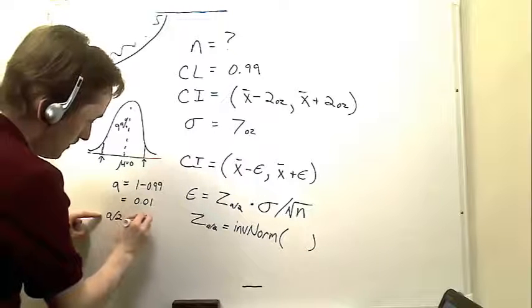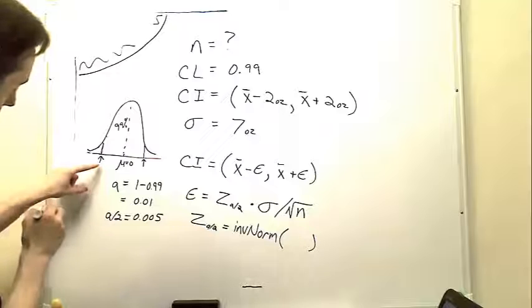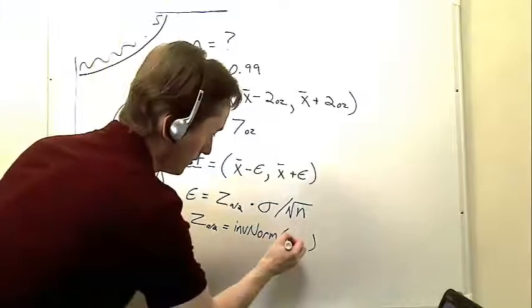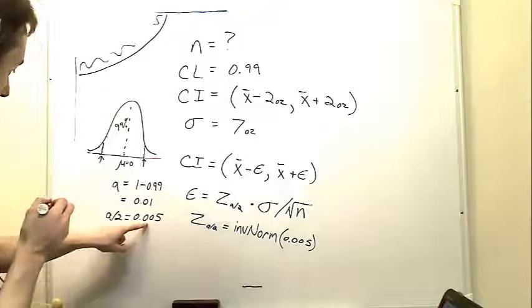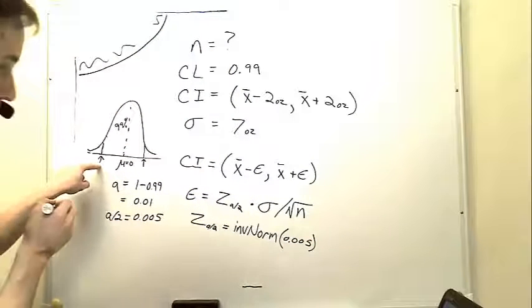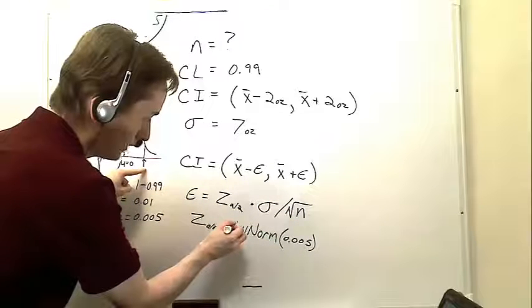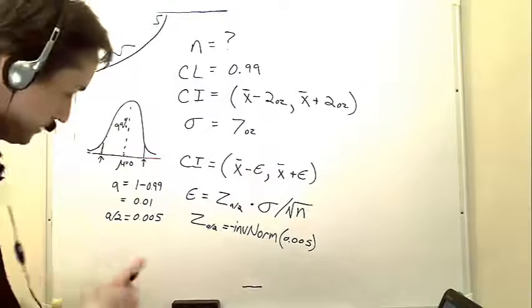So that's 0.005. And that's the number we're going to use here, 0.005. However, that's going to give us the negative z-score. So to find the positive one, we're going to take the negative of that INV norm.